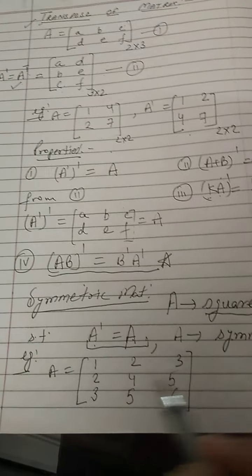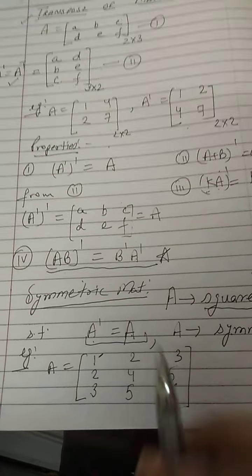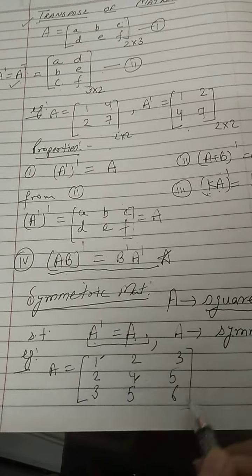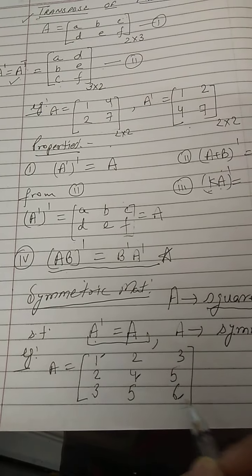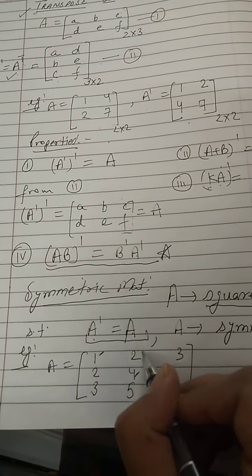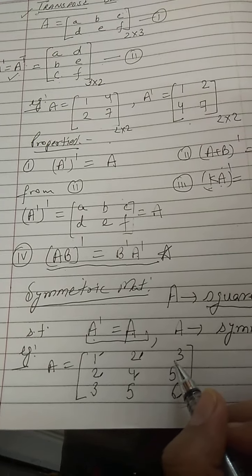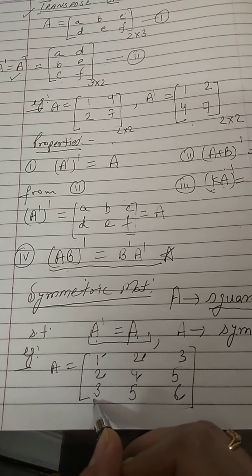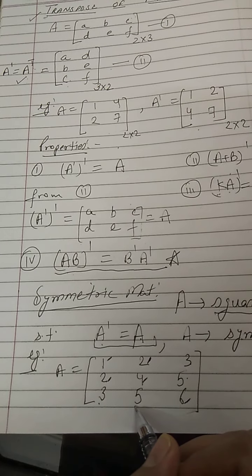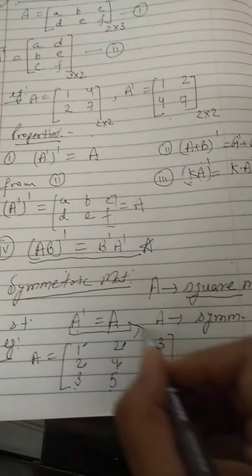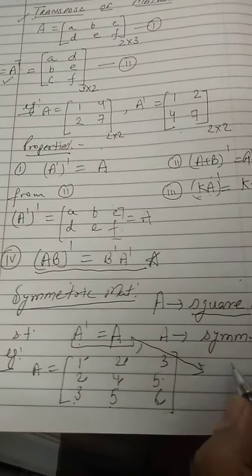If you notice here, I have taken the elements in such a way that A11, A22 and A33 don't matter, they are different elements, but the A12 element and A21 element are the same, the A13 element and A31 element are the same, the A23 element and A32 element are the same. So here comes one important point of this definition.